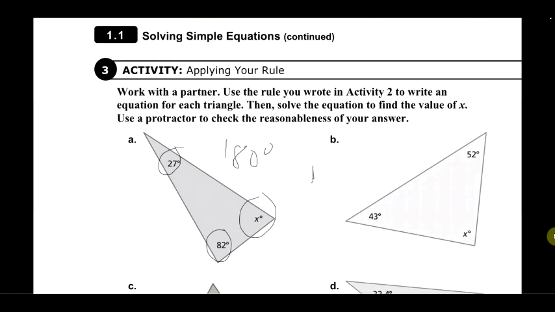I'm going to give you a hint and say if we add up 27 plus 82 and subtract that from 180 degrees, we can get an answer. Or you can write an equation that looks sort of like this. 180 and then subtract 27 and then get an answer, and then again subtract 82, and here will be your angle x.